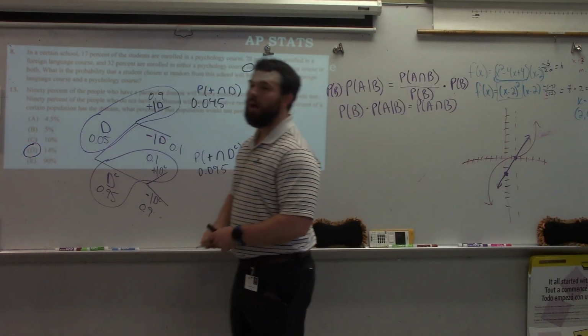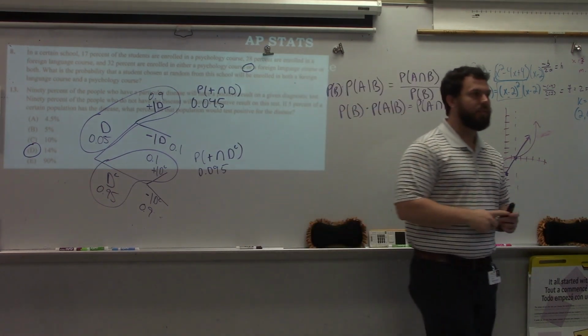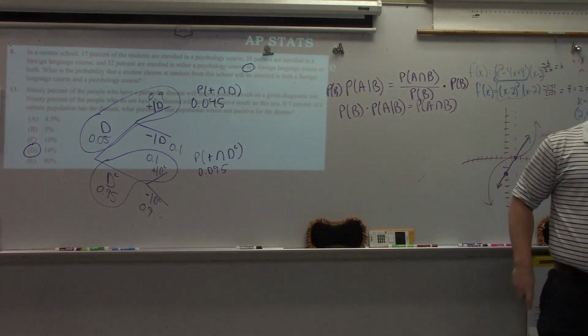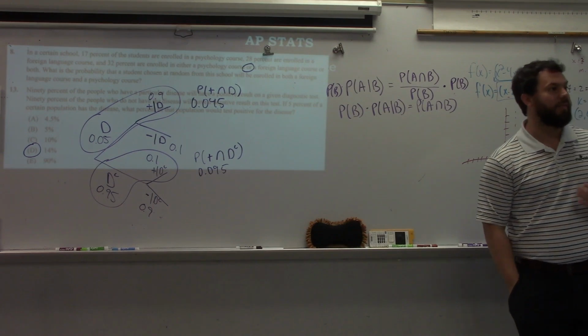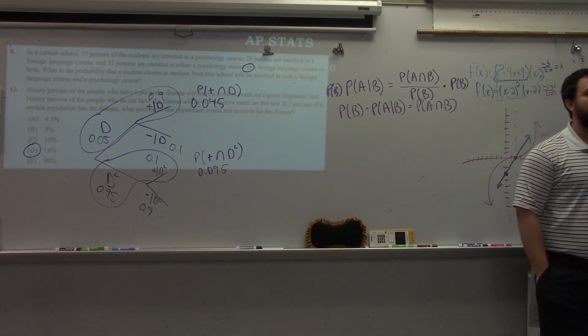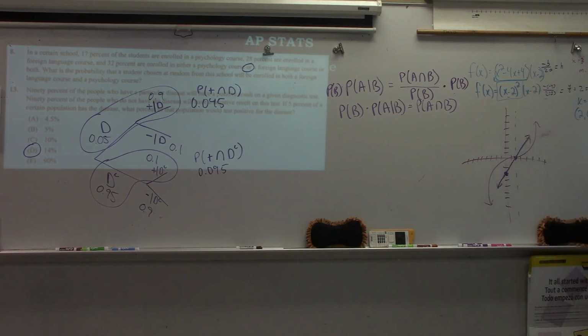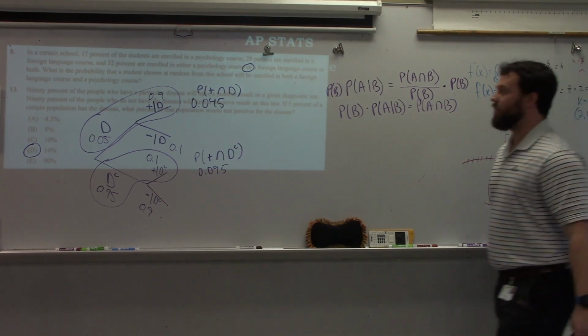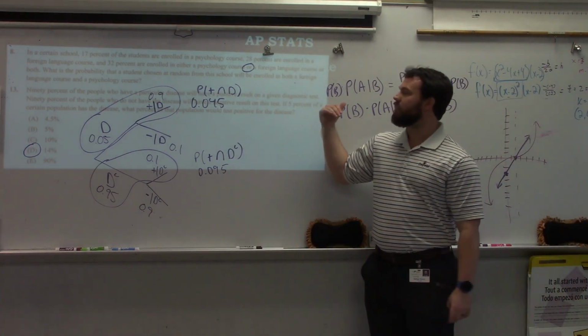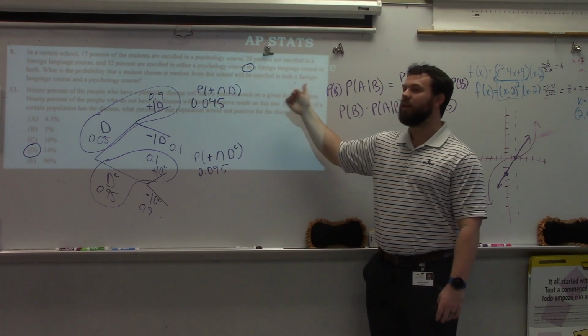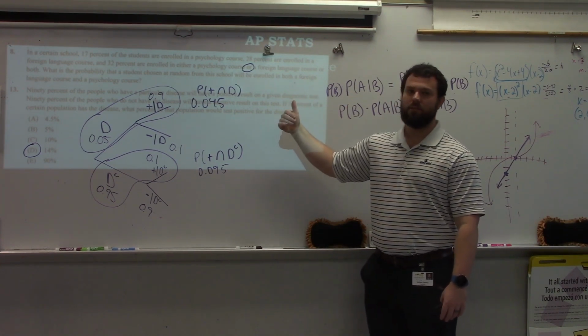Notice this is why false positives and false negatives are problems, and why when we test, we have to check again, right? We don't usually just accept the results if we test positive, we would check again, because notice, is it more likely to test positive and have the disease, or test positive and not have the disease?